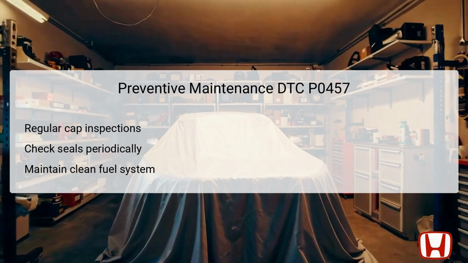Keeping the fuel system clean aids in minimizing the buildup of contaminants that can clog components, further enhancing the efficiency of the EVAP system. By practicing good vehicle maintenance habits, drivers can ensure that their Honda Odyssey remains emissions compliant and operates optimally.